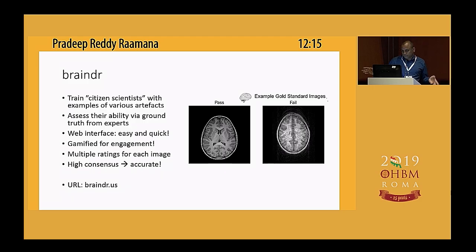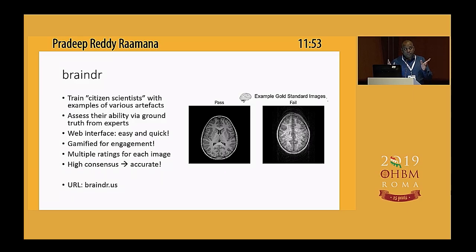Grinder is an attempt in that direction, for example, to assess the quality of the input T1 weighted images, or, for stroke, the accuracy of lesion segmentation, right? I don't mean to imply that this is perfect for all QC applications.